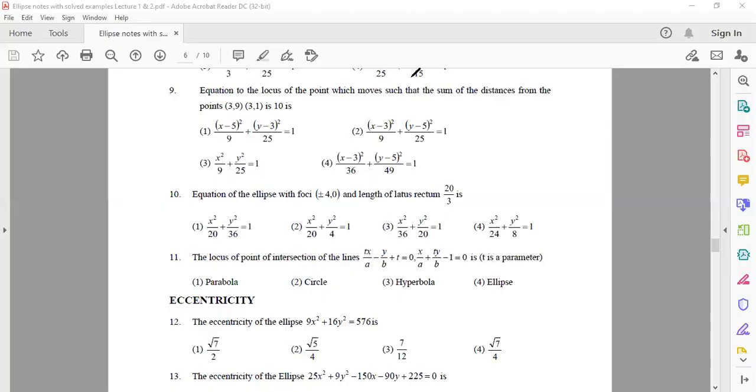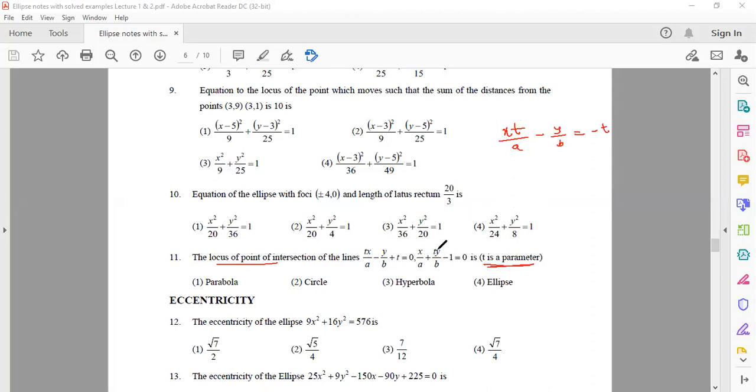What do you notice here? You have to take the point of intersection of these two lines, where t is a parameter. So if you eliminate t, you will get your answer. So x t upon a minus y upon b equal to minus t.